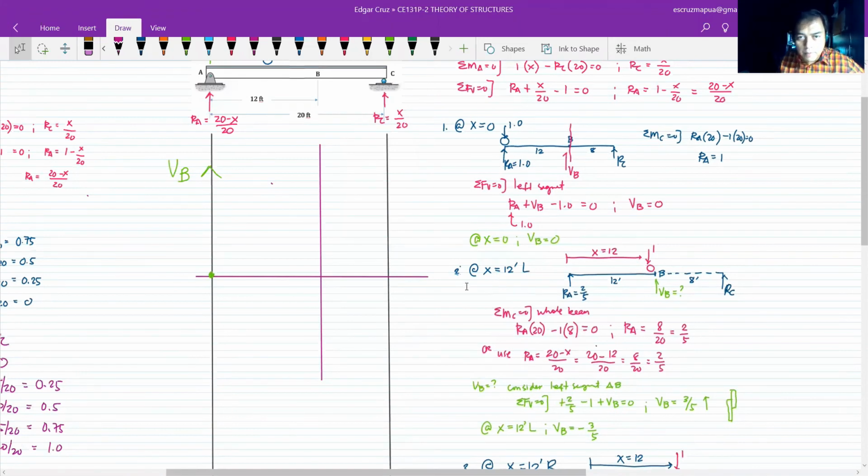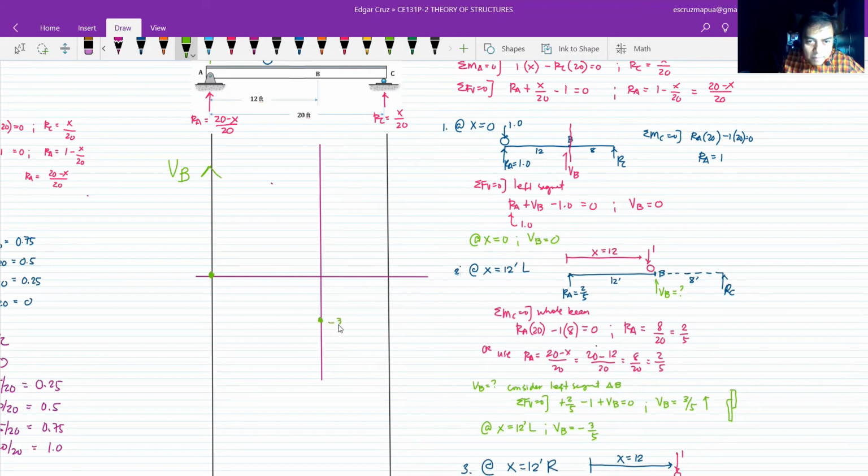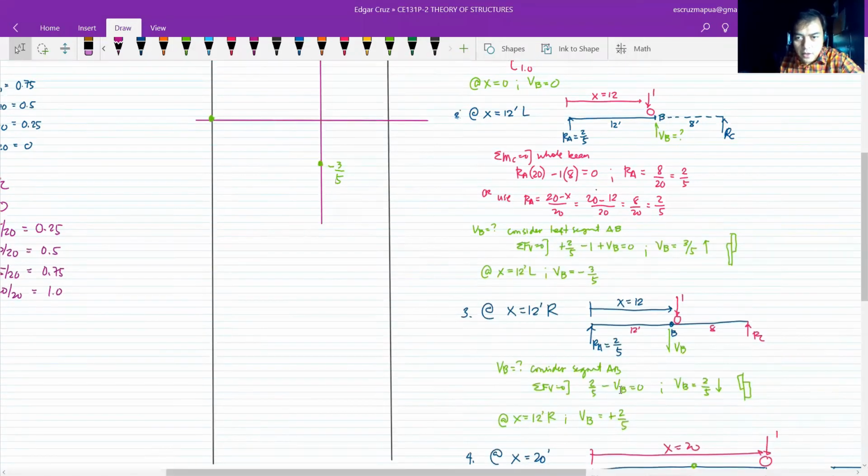Next point. At x equals 12 feet left, the shear would be negative 3 over 5. So nandito yon. Let's say this is negative 3 over 5. Ayan. Tapos, kapag yung x naman is at 12 feet sa right side, ito yun, diba?